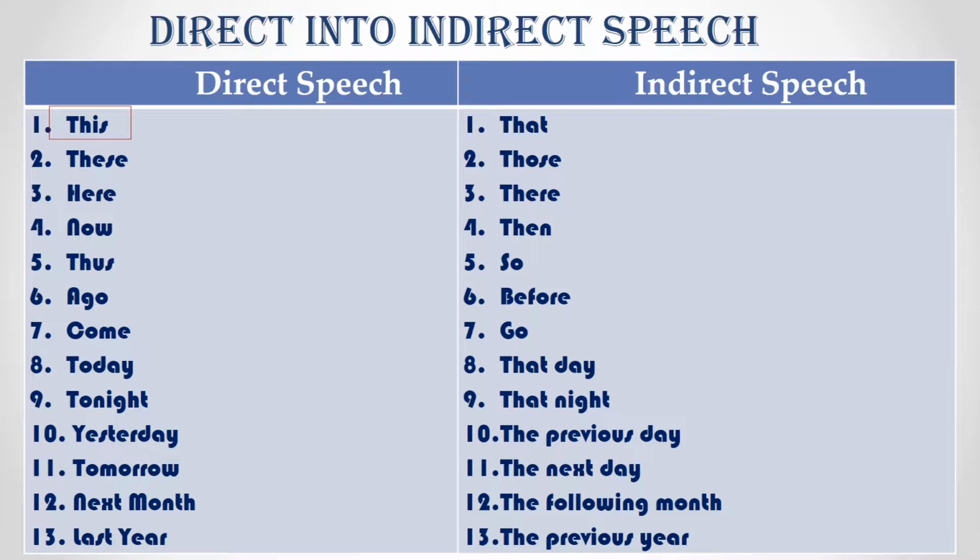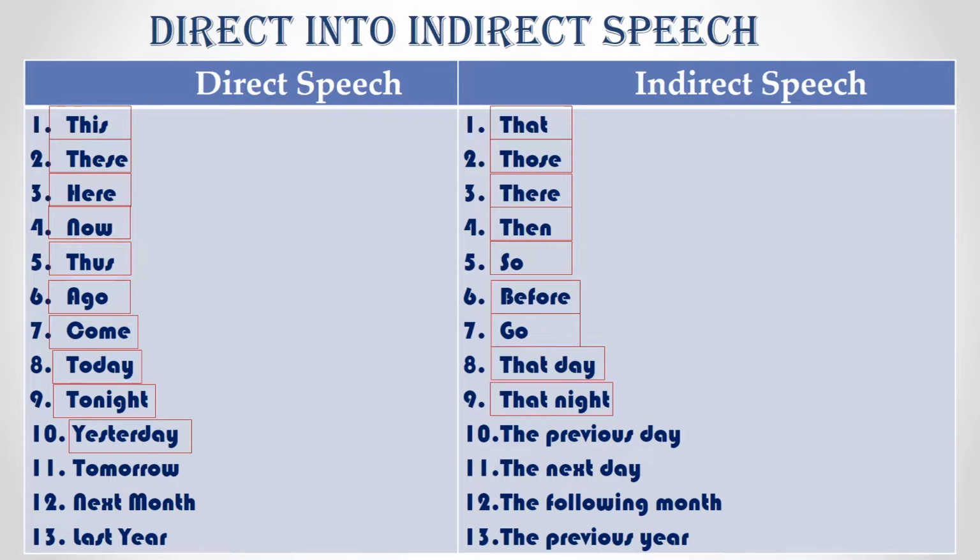For example, this becomes that in indirect speech, these become those, here becomes there, now becomes then, thus becomes so, ago becomes before, come becomes go, today becomes that day, tonight becomes that night, yesterday becomes the previous day, tomorrow becomes the next day, next month becomes the following month, and lastly, last year becomes the previous year.